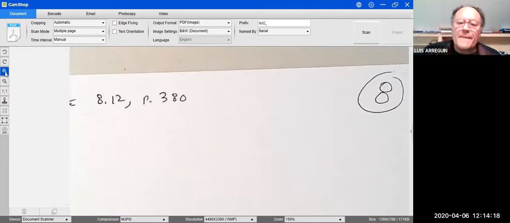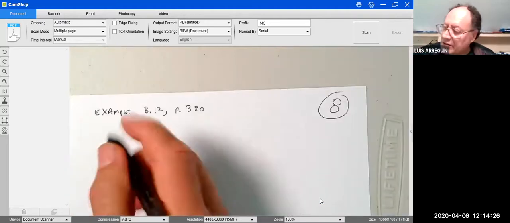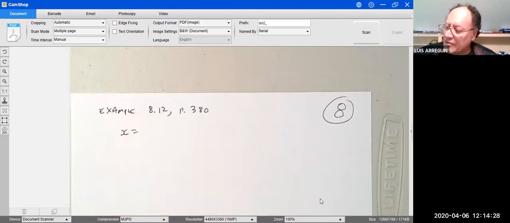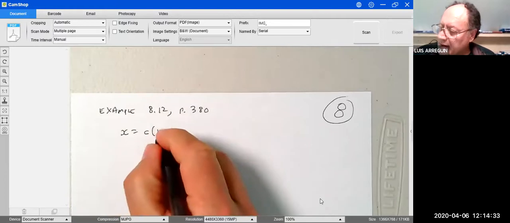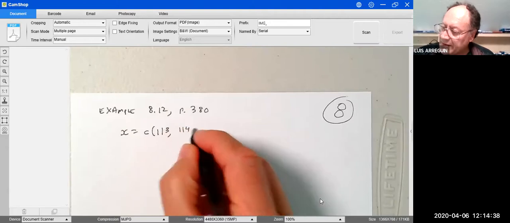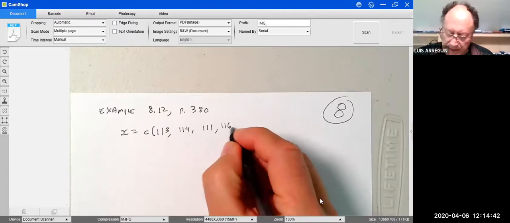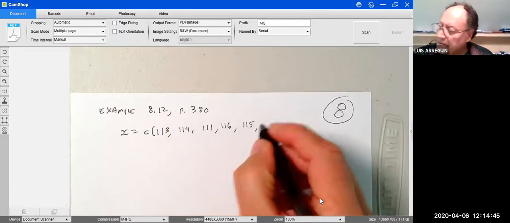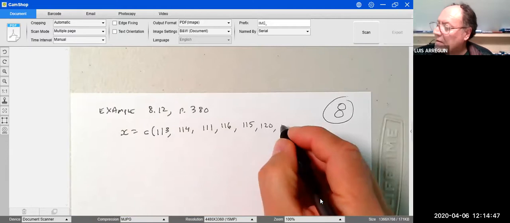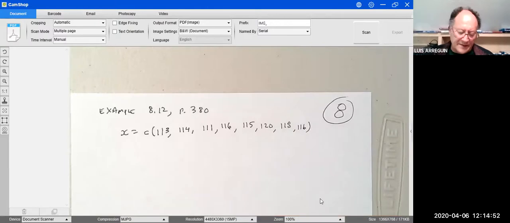So we have the information that is given first. I'm going to write it down. This is a data set, so I'm going to use R. I'm going to enter the data set because now we need to compute the mean and the standard deviation. The values that are given are 113, 114, 111, 116, 115, 120, 118, and 116.